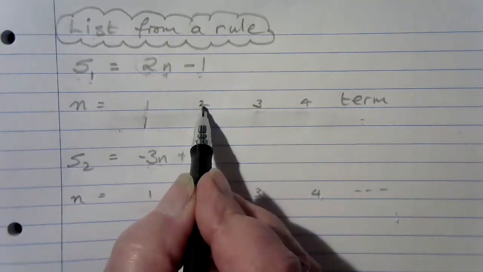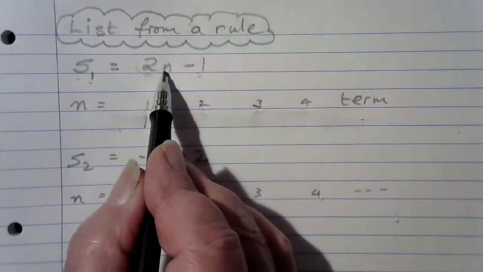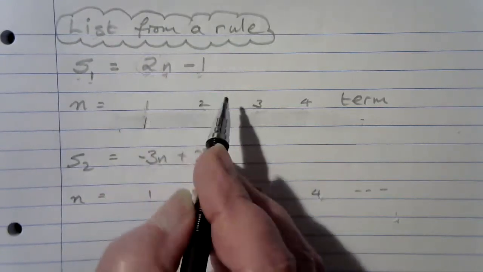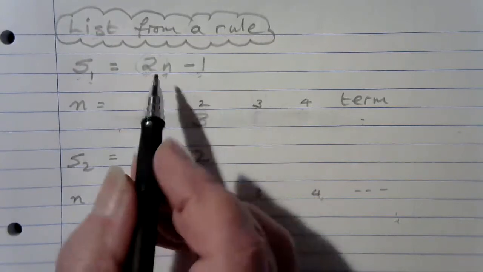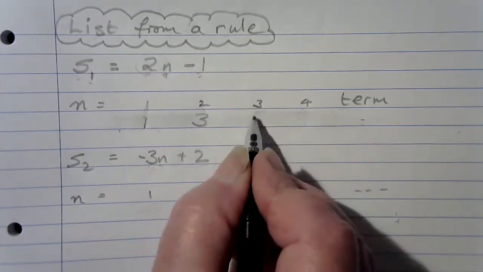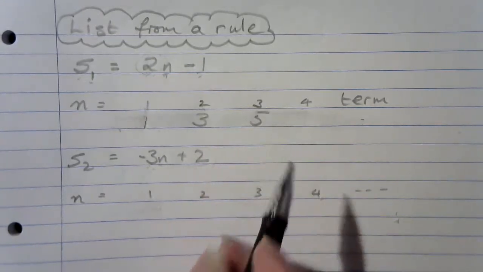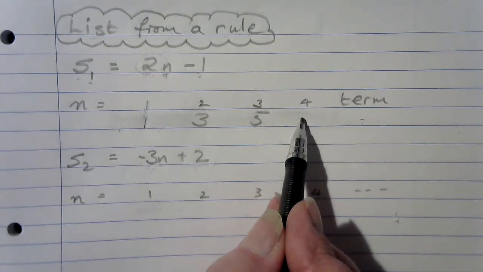My second term is when n is 2. So 2 times 2 is 4, minus 1 is 3. The third term, 2 times 3 minus 1 is 5. And by now you can probably guess what the fourth term is.